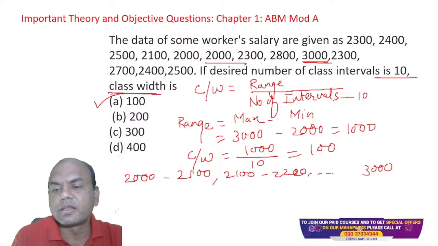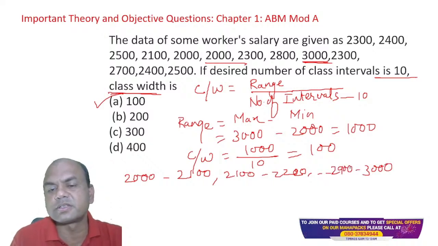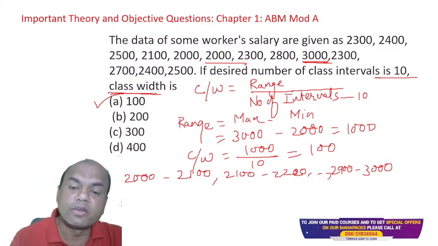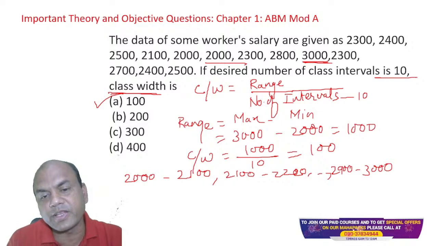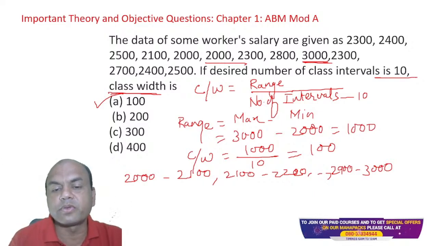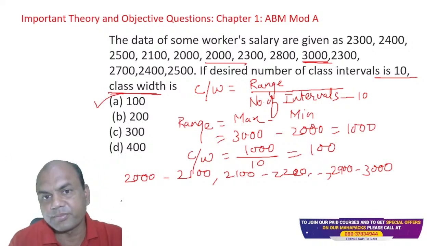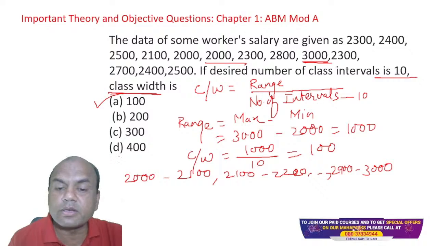The last class will be 2900 to 3000. So this is the meaning of width. Now you check the difference between each one: 2200 minus 2100, 3000 minus 2900. The width will always remain the same.